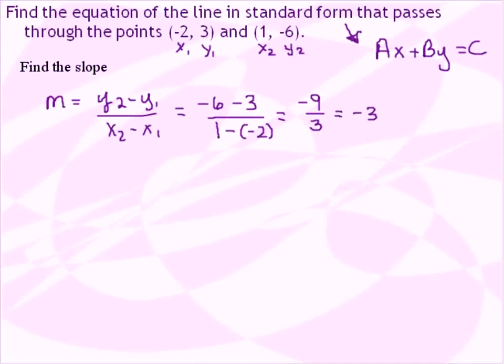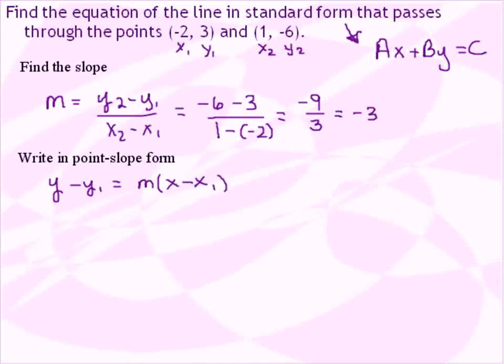Now what I'm going to do next is write it in point slope form first. Then we'll be able to get it into standard form. So point slope form is y minus y1 equal to the slope times the quantity x minus x1.